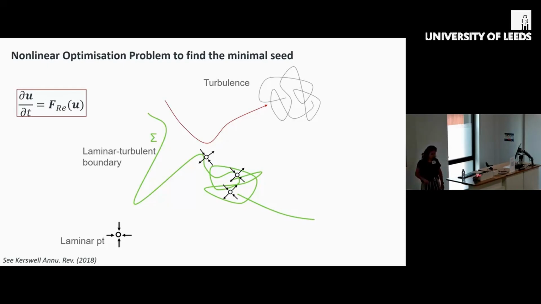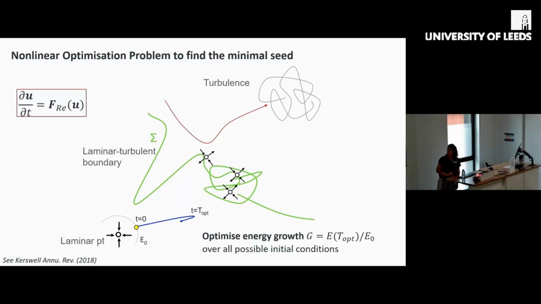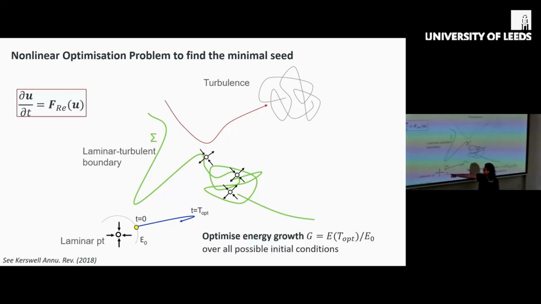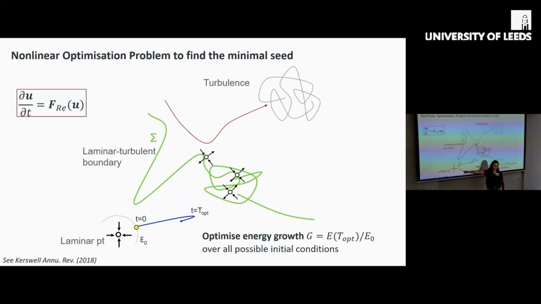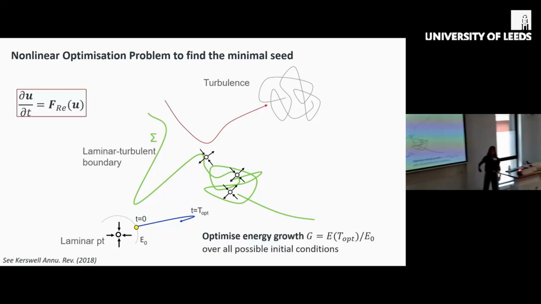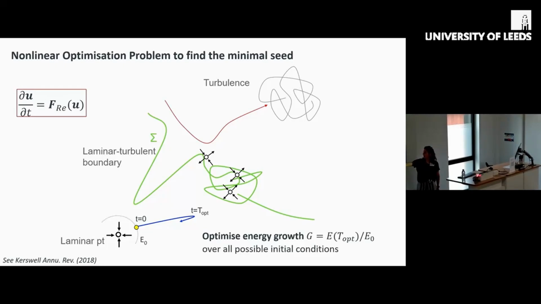Basically, in a nutshell, over all possible disturbances of some initial energy E0, lying on this ball around the laminar point, we want to find the disturbance that maximizes the energy growth after a sufficiently long time t_opt. And we solve this using a direct-adjoint looping, which is based on the full Navier-Stokes equations.